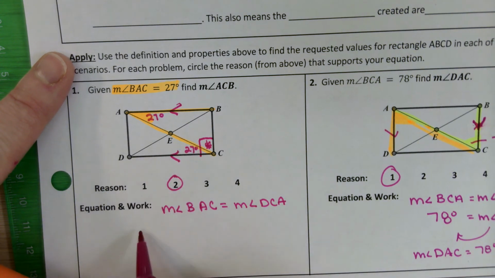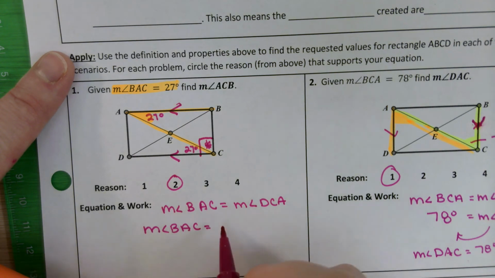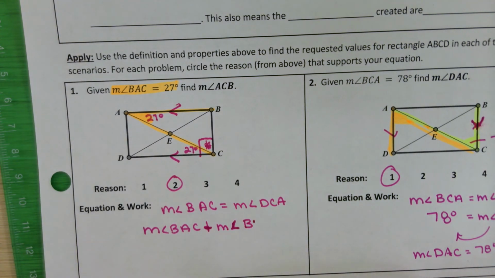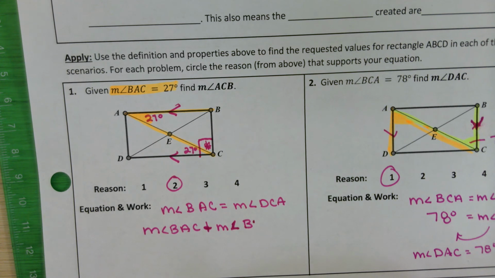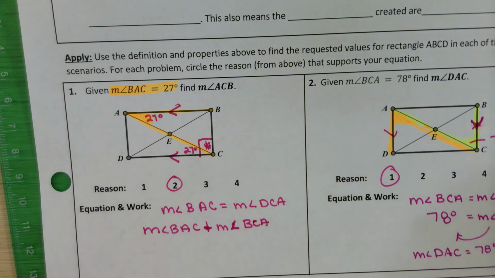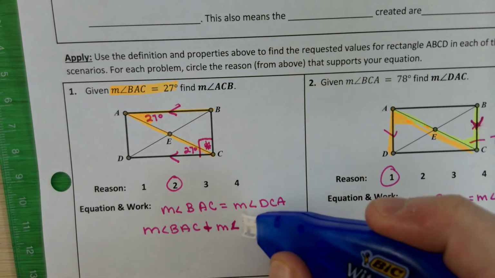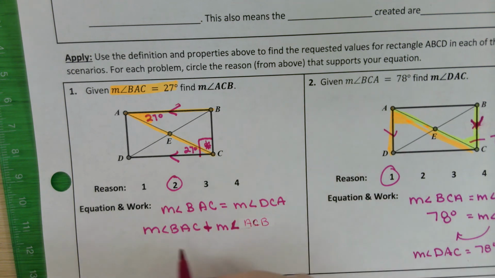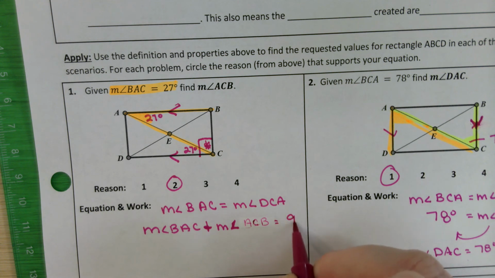Since they are equal to each other, measure of angle BAC plus measure of angle BCA, yeah, we'll go, I apologize, we will not go with BCA, we will go with ACB based on how the problem is written, equals 90.